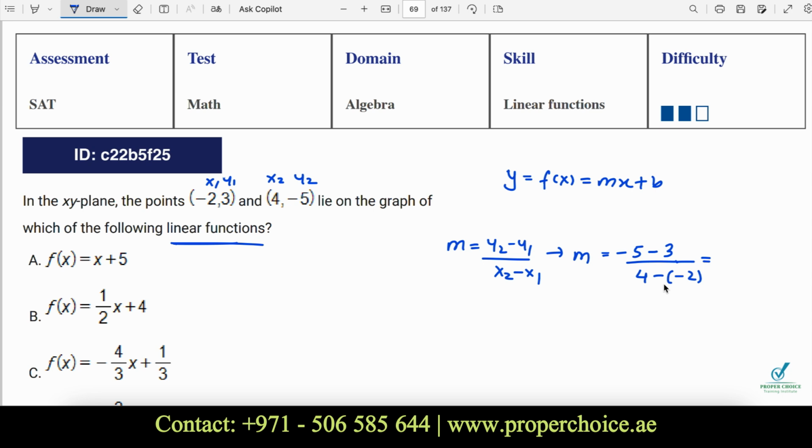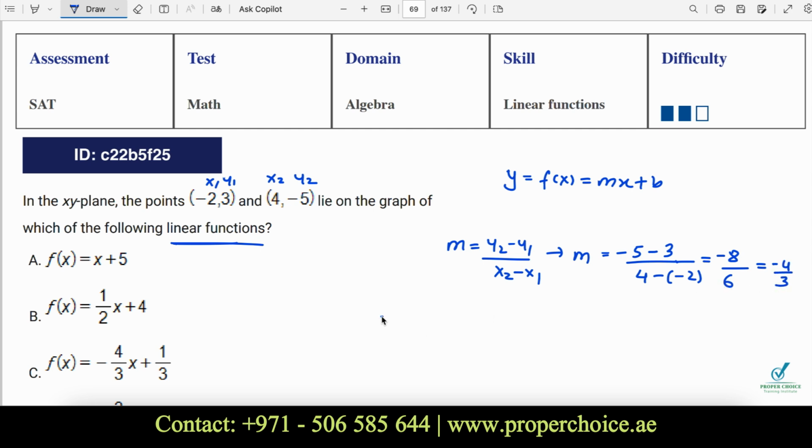I can do it manually. Minus 5 minus 3 is minus 8, divided by 4 minus negative 2, which is 4 plus 2, that is 6. After simplifying, it becomes minus 4 by 3. So that is the slope.